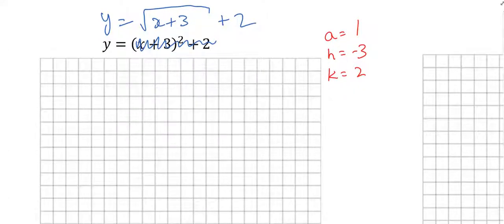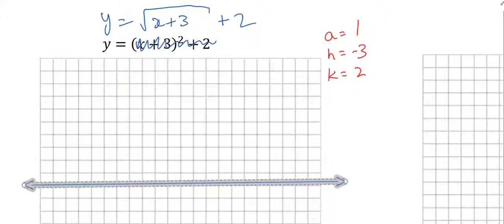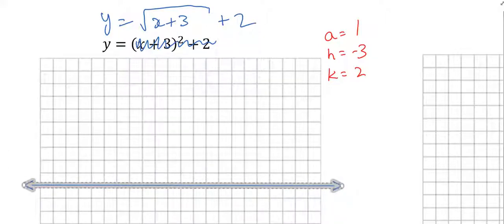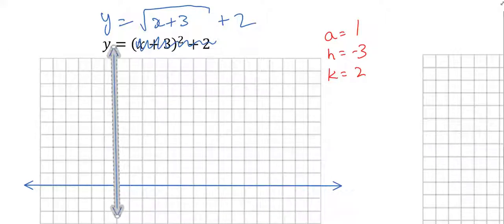So if I want to graph this, I'm going to draw my axes like this. We're shifting to the left 3, so I've got to make sure I can go over 3. 1, 2, 3, 4, 5. 1, 2, 3, 4, 5. 6, 7, 8, 9, 10. 1, 2, 3, 4, negative 5.